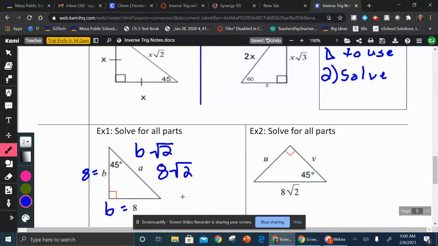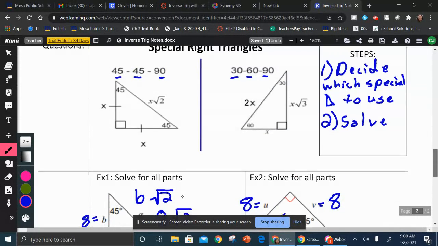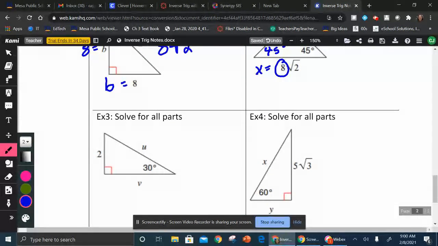This one says solve for all parts again. So this is going to be our x, or u, and b. And then for this one you have to look where this is.